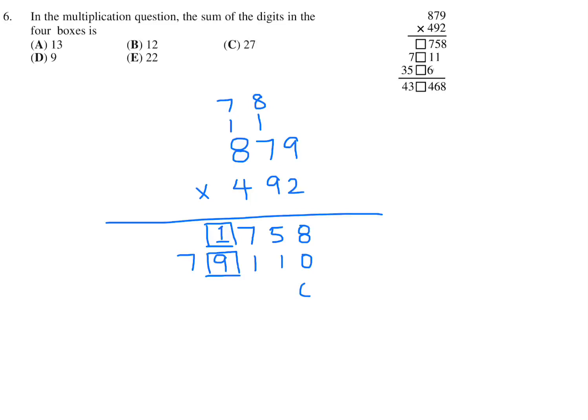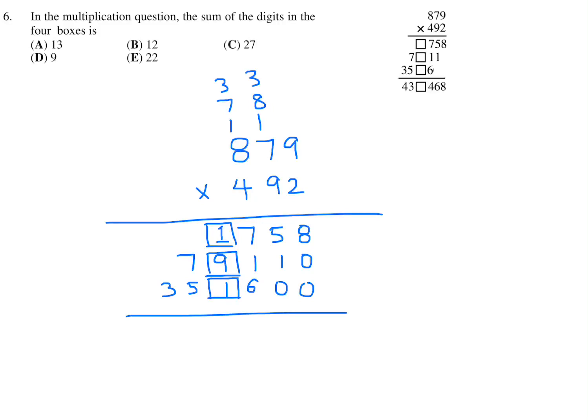Great. And then finally, 4 times 9 is 36. Carry the 3. 4 times 7 is 28, plus 3 would be 31, carry the 3. And 4 times 8 is 32, plus 3 is 35. So we've got another box there.